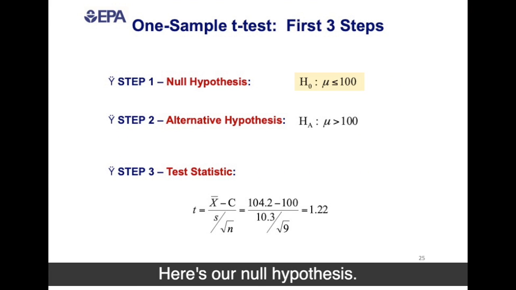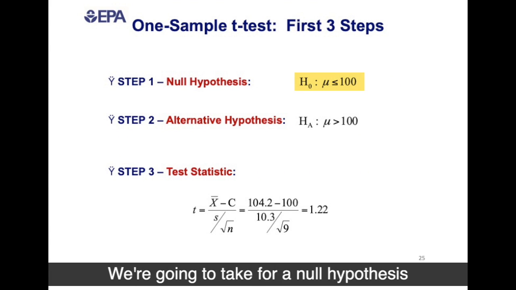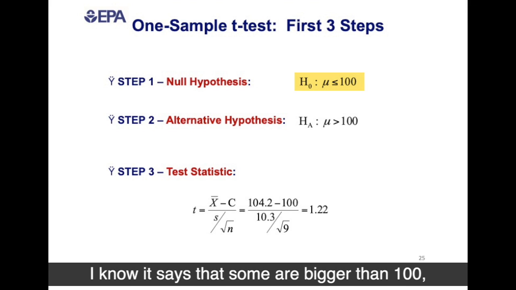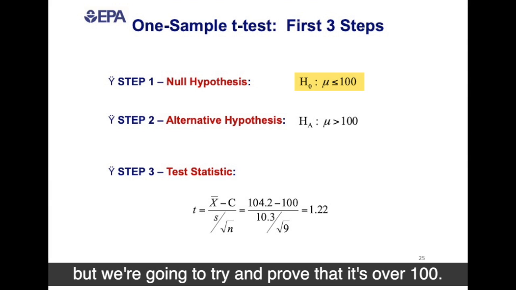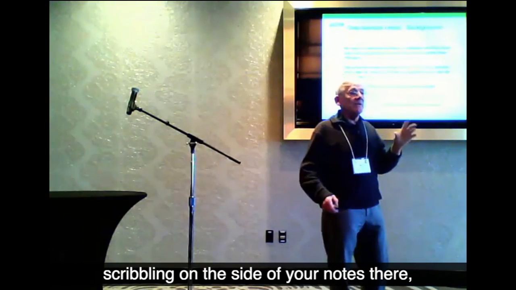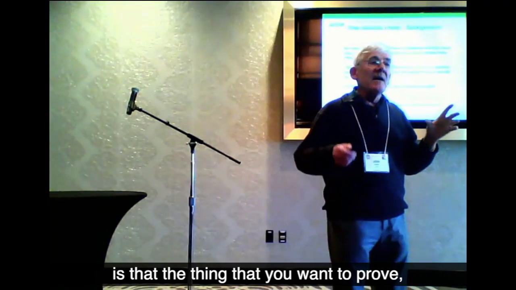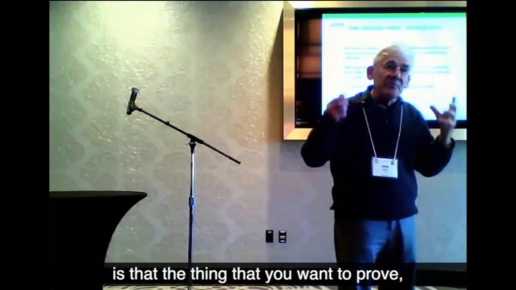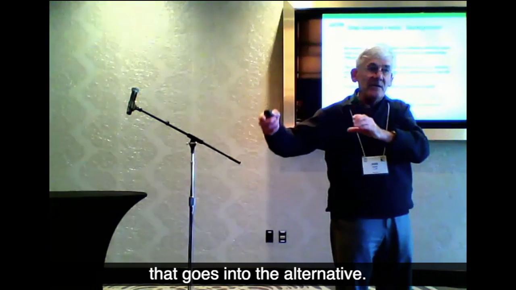Here's our null hypothesis. We're going to take for our null hypothesis that the mean is less than or equal to 100. I know it says that some are bigger than 100, but we're going to try and prove that it's over 100. And what you might consider scribbling on the side of your note there is that the thing that you want to prove goes into the alternative.